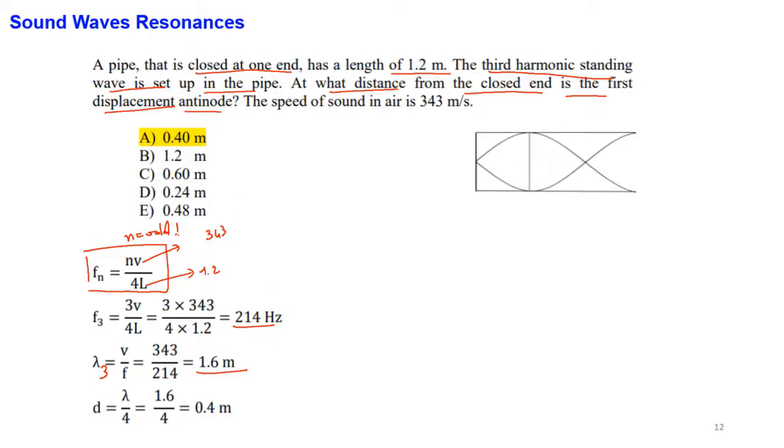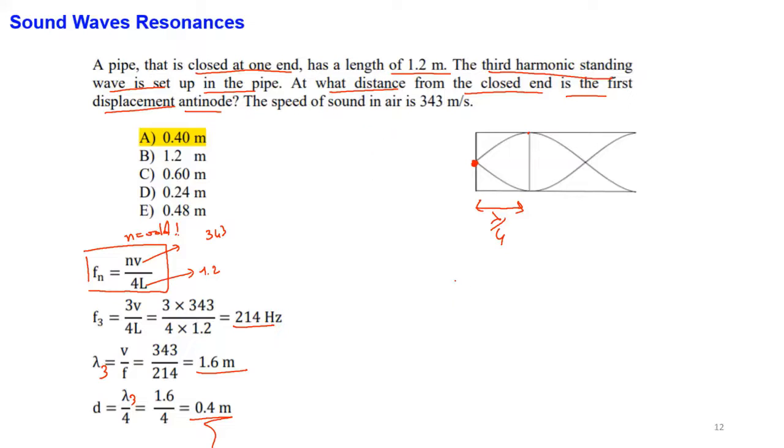Once I get my lambda 3, now let me come to the question. At what distance from the closed end is the first antinode? Because the closed end will have a node, the first antinode will be here. The distance between a node and an antinode in any case is lambda divided by 4. So here it will be lambda 3 divided by 4, and I just calculated it. Is it clear? Okay, great.